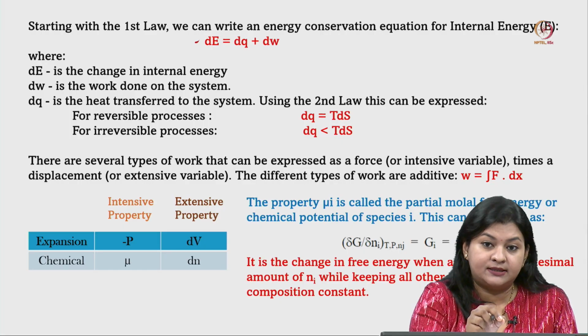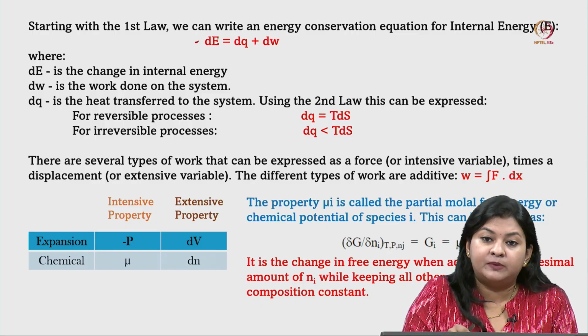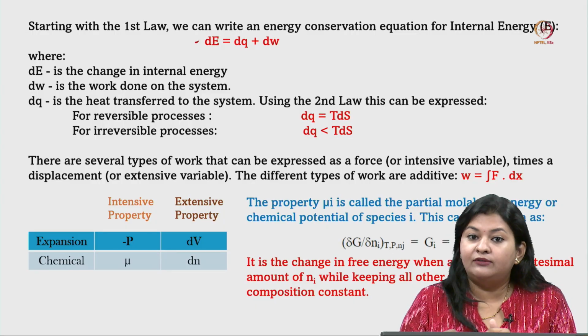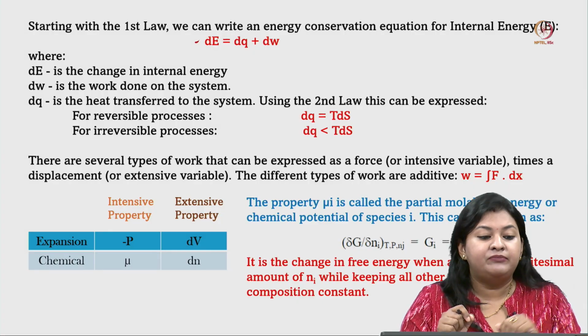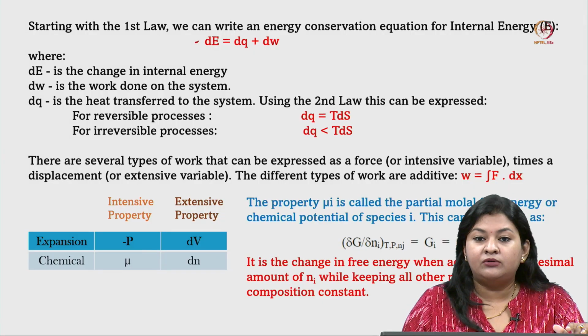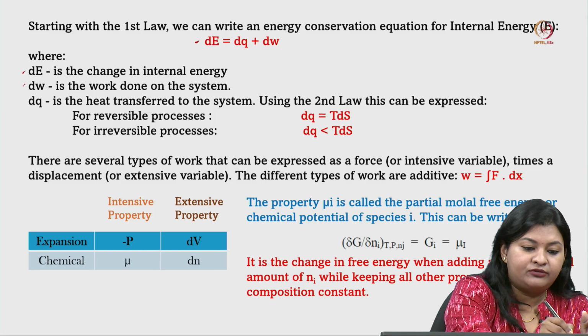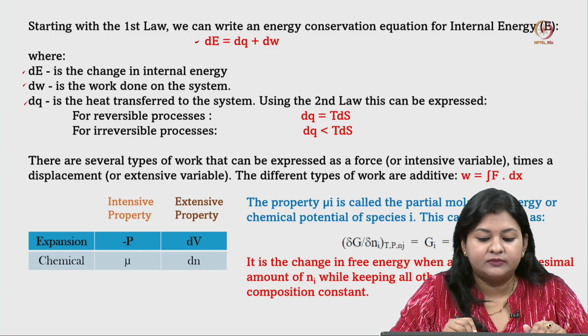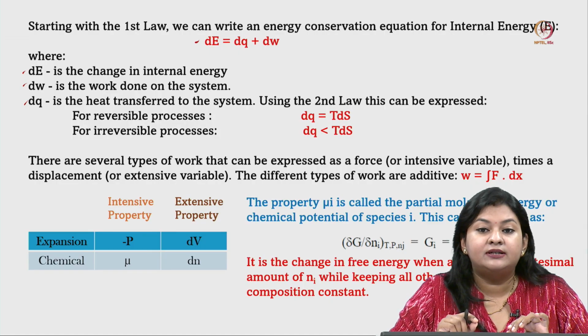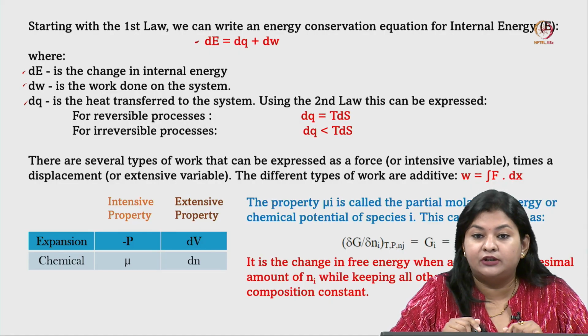This is plus, therefore, heat and work are being done on the system, not by the system. If it were by the system, it would have a negative sign. Here are all the definitions I have provided for your easy reference. That was the first equation from the first law of thermodynamics.